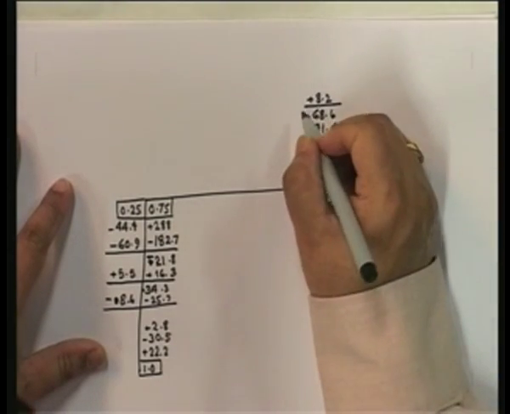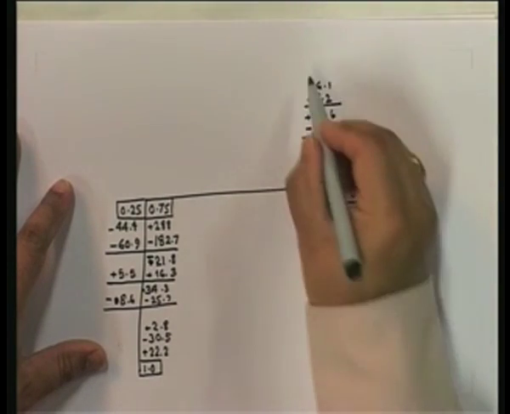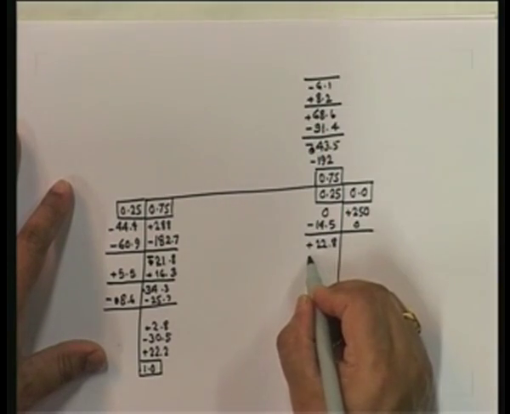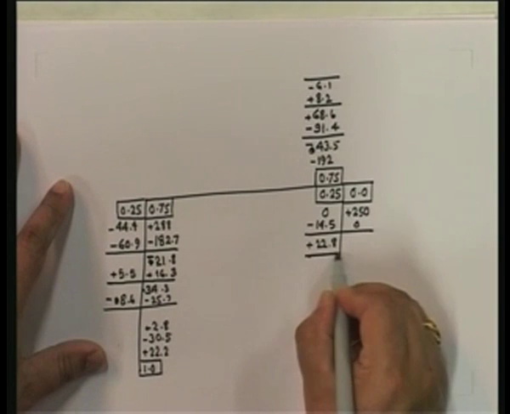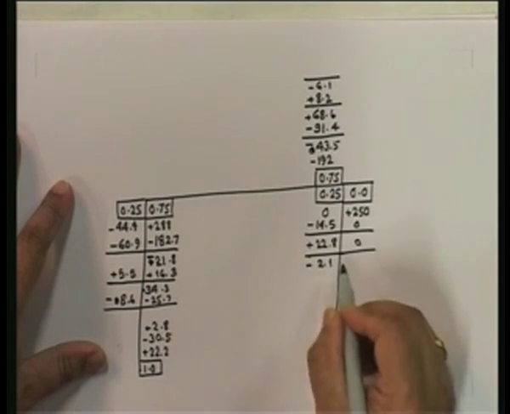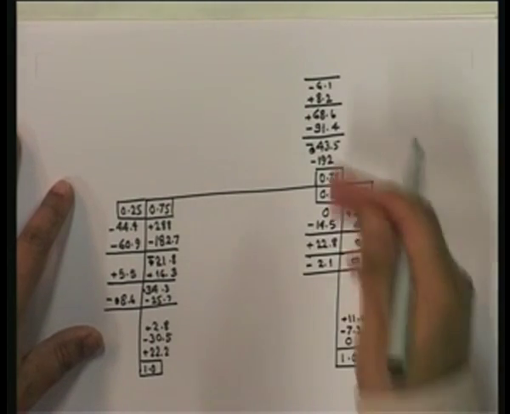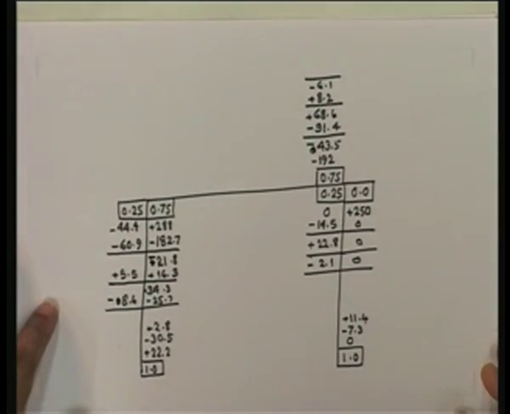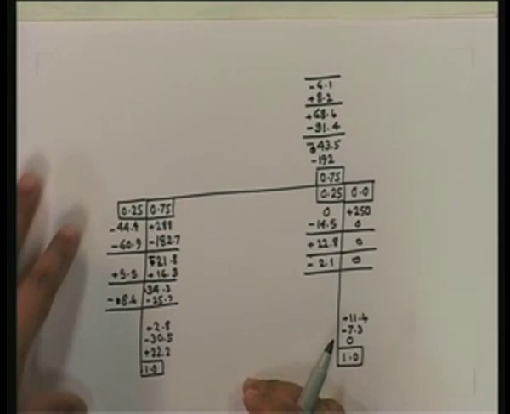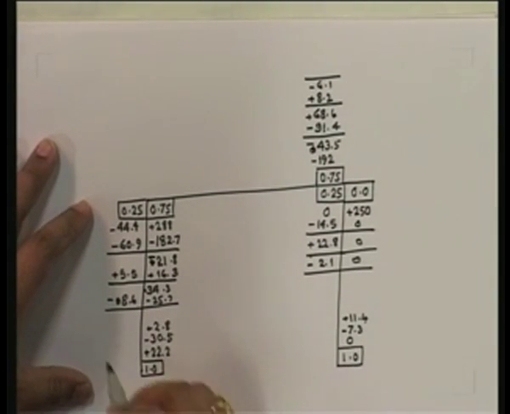This one needs to be done, so this is going to be minus 6.1. Close. This is also closed. This is 0. This is going to be minus 2.1. Close. 0. Okay, and ultimately, you can keep doing this. I'm not going to go any further. You know the steps. I'm going to write down the ultimate values that you're going to have.